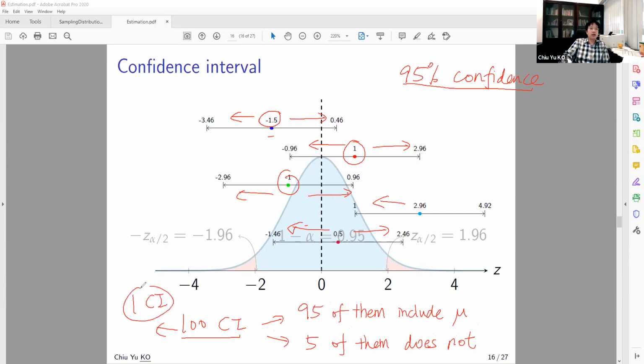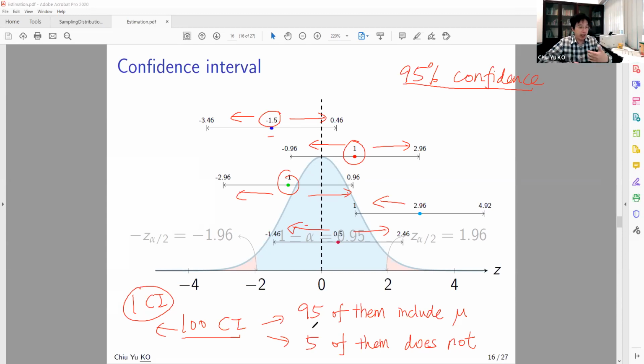But remember, in the real world, we just do one confidence interval, right? We just do one. So we cannot even say this. That's why we say confidence. It's not probability, because once you draw, it's no longer probability. Once you draw, the sample is there, there's no more random variable. But what we say is, suppose we repeat this many times, and 95% of them, where alpha is 5%, will include the mu.